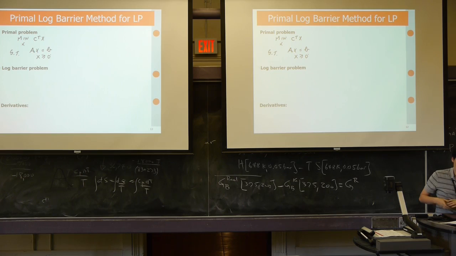What would be a good log barrier problem here? So I want to minimize f of x, where, what would be a good f of x? I start, you continue.